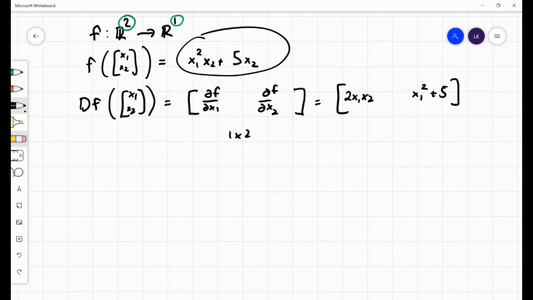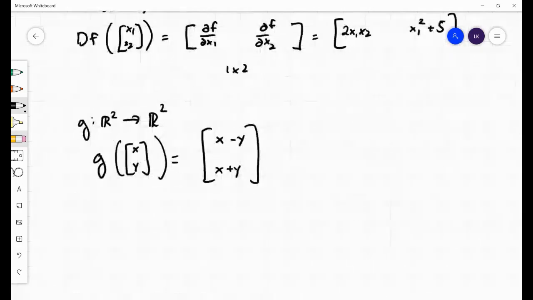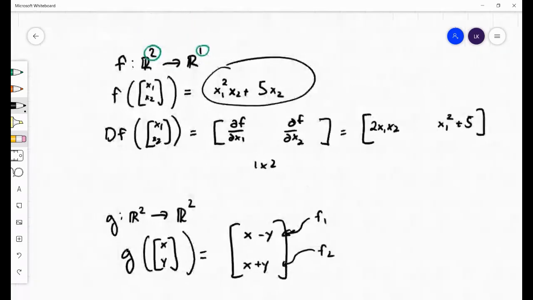So a more interesting thing might be an example where we have a function from R2 into R2, say. Let's just use x and y. I get tired of subscripts. So this is your first output component, and this is your second component for the output. Why 1 by 2?